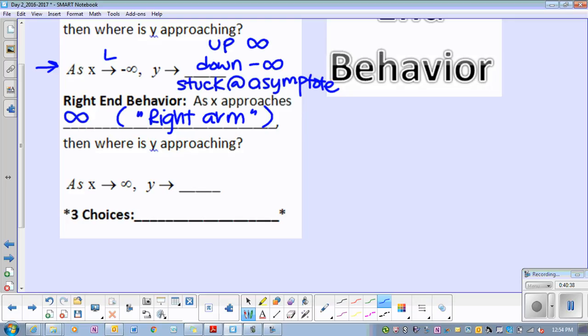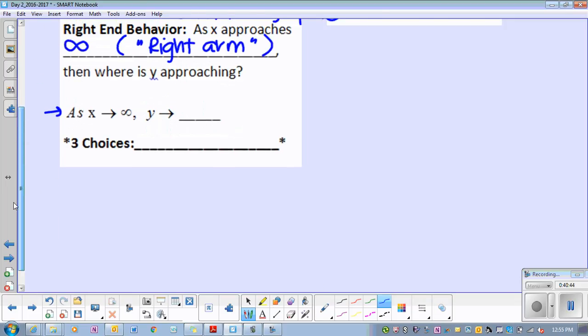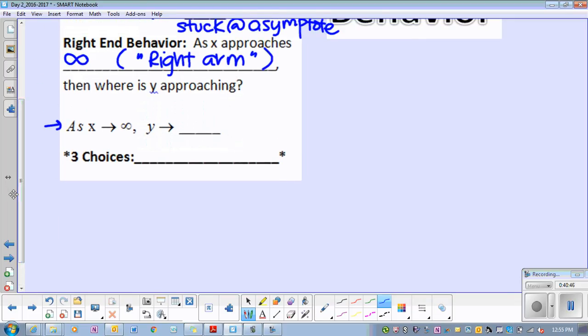Then where is y approaching? So this one looks very similar to the left arm. It will be written like this, as x approaches positive infinity. Again, just think of, if I'm on the x-axis and I want to walk towards infinity, which way do I have to go? I have to go to the right. So this is asking about the right arm.